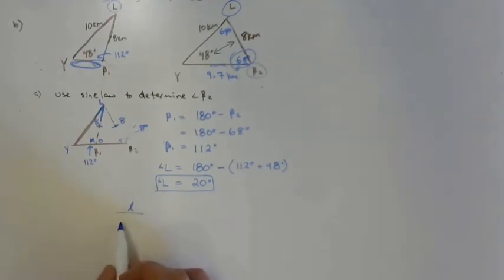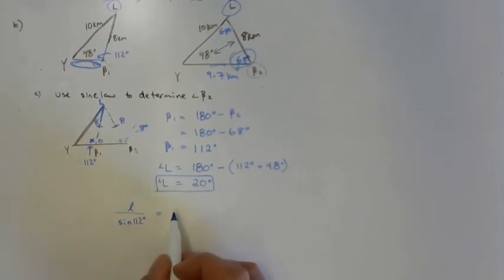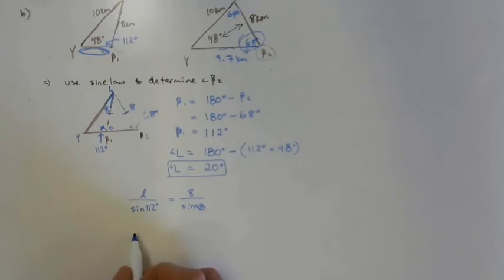We have L over the sine of 112 degrees is equal to 8 over the sine of 48. Multiply both sides by the sine of 112. And we end up with a length of approximately 3.7 kilometers.